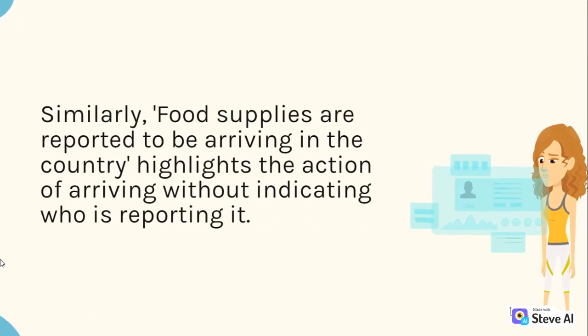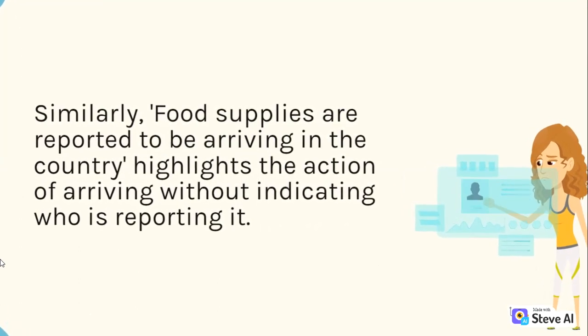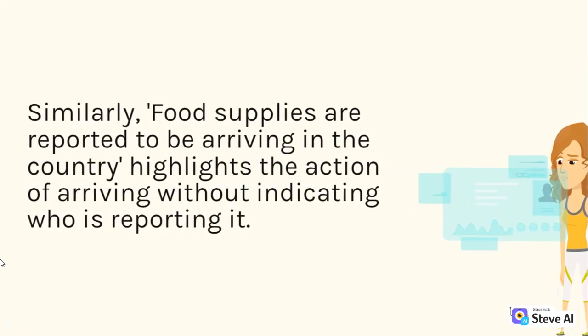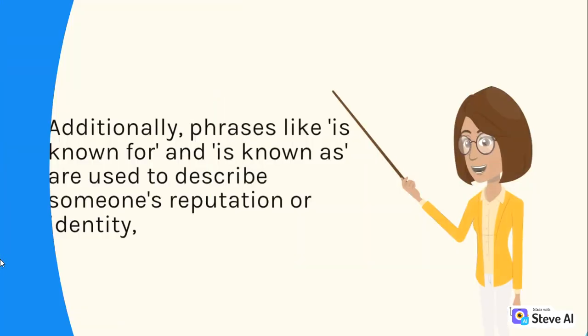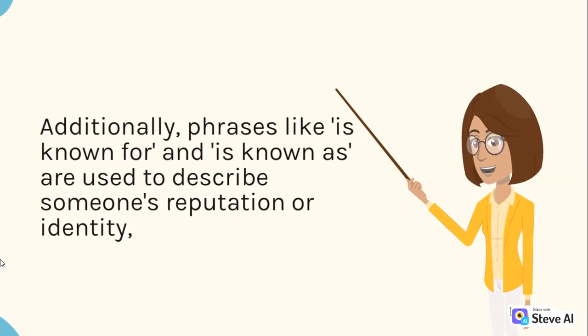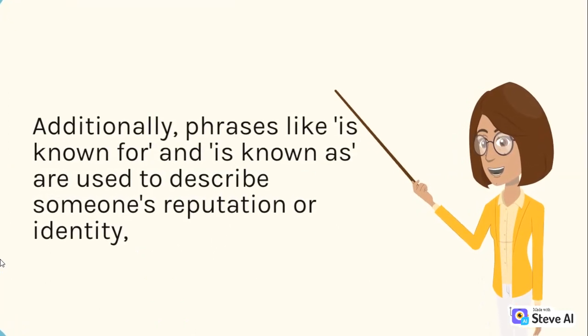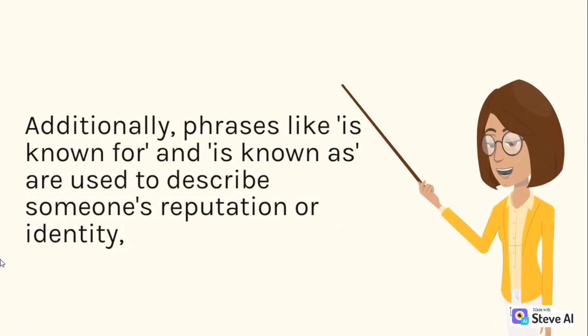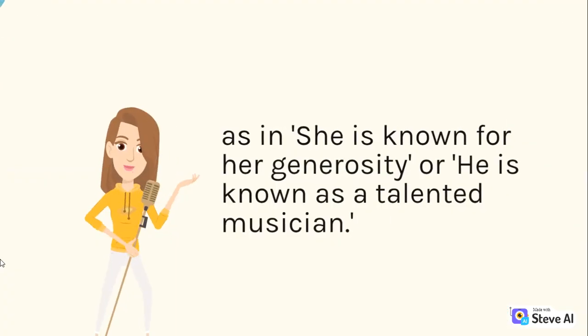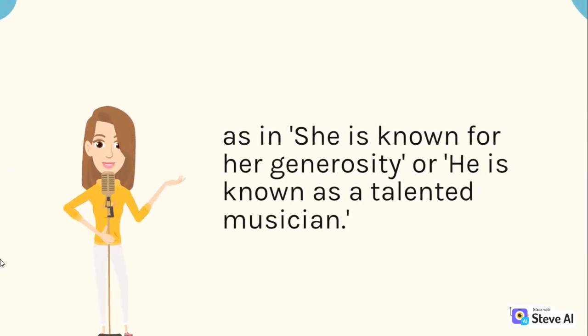Similarly, "food supplies are reported to be arriving in the country" highlights the action of arriving without indicating who is reporting it. Additionally, phrases like "is known for" and "is known as" are used to describe someone's reputation or identity.